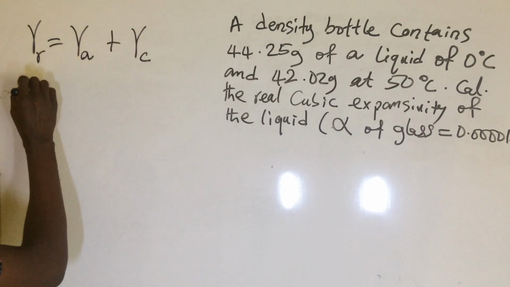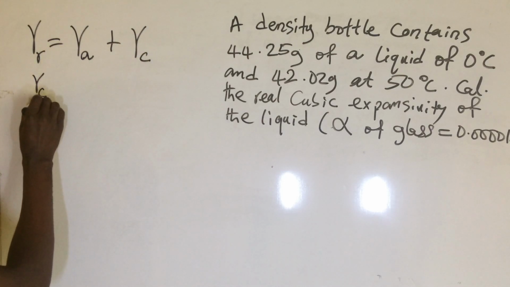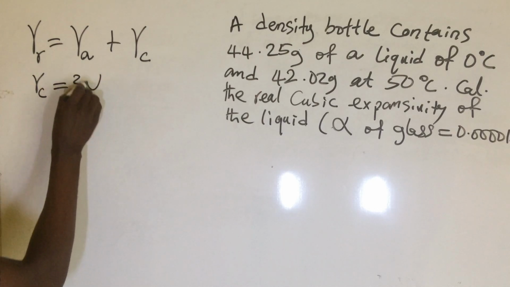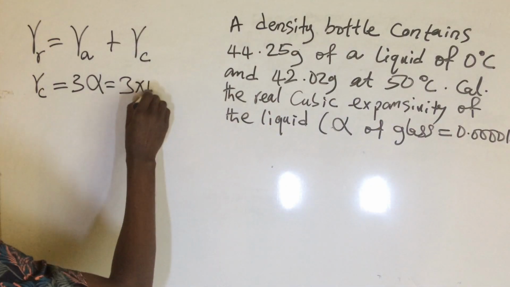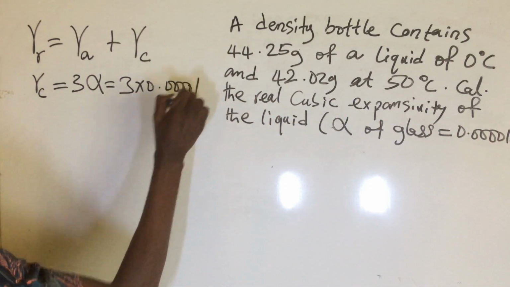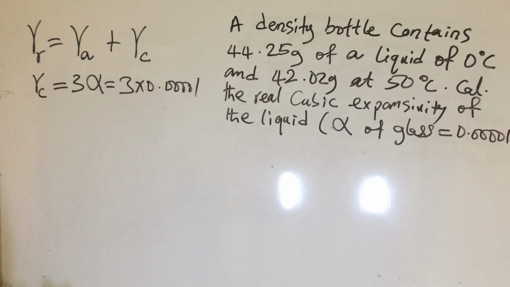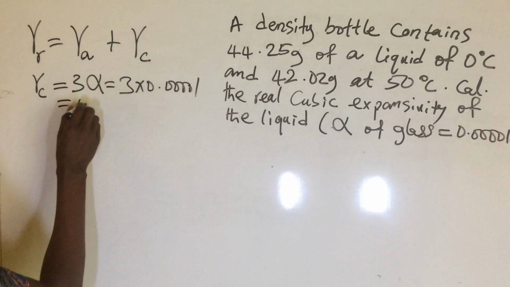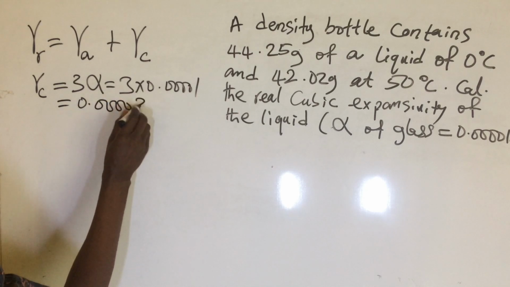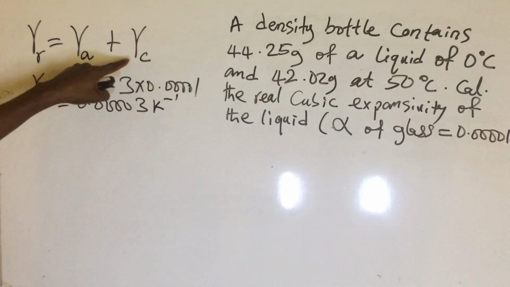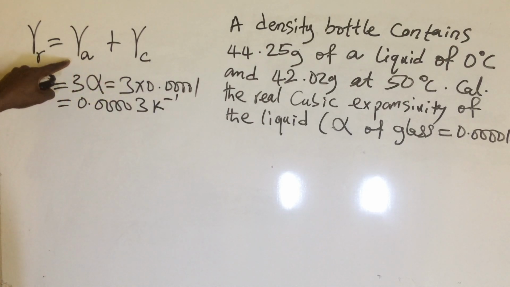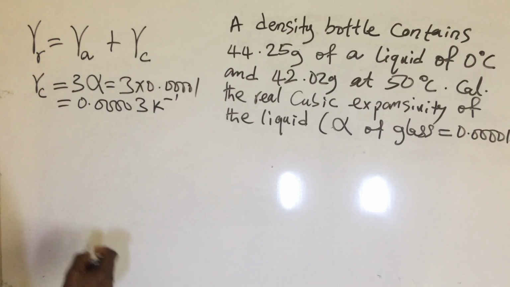The cubic expansivity of the glass is 3 times alpha, which is 3 times 0.00001, and we now have 0.00003 per Kelvin. So we have gotten this one. What remains is the apparent cubic expansivity, which has a formula that we use to get it.